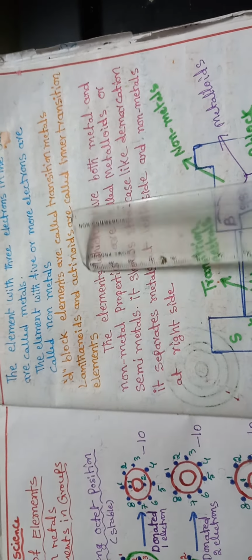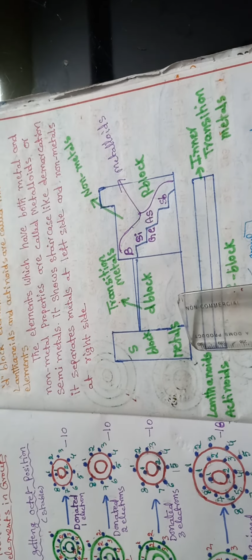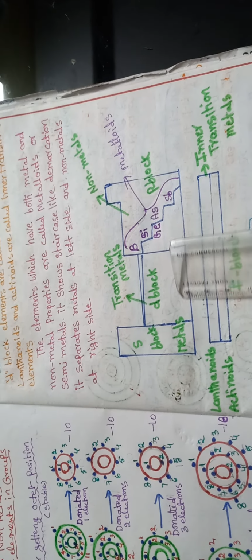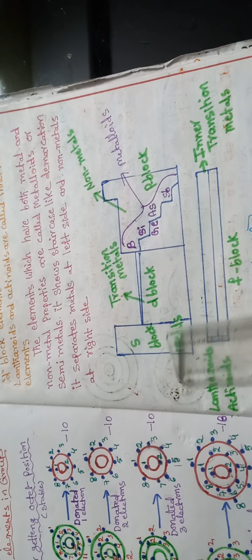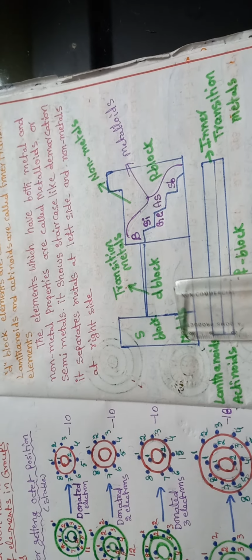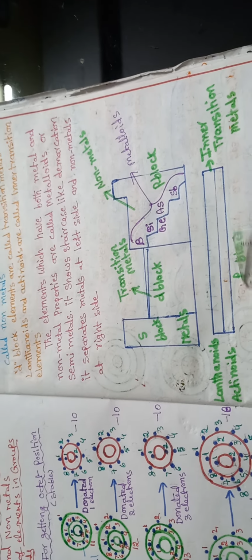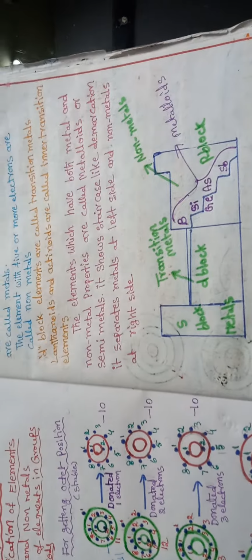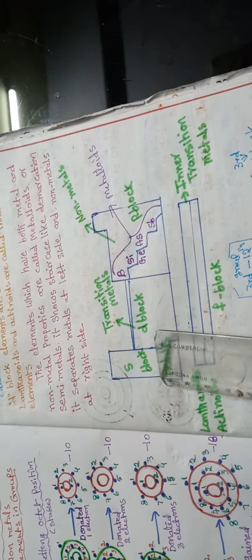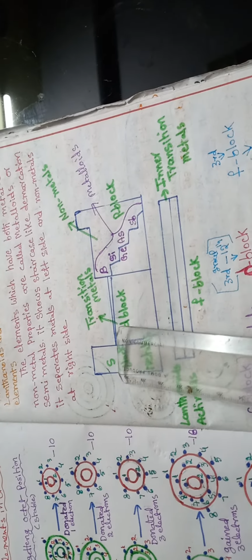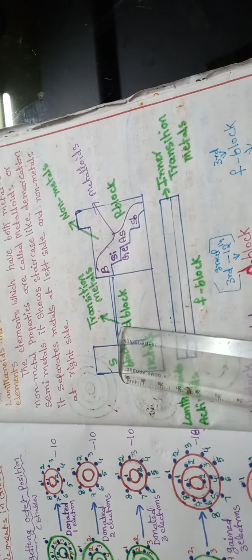So in the previous class we already learned about the modern periodic table: S block elements, P block elements, D block elements and F block elements. D block elements start from the 3rd to the 12th group.